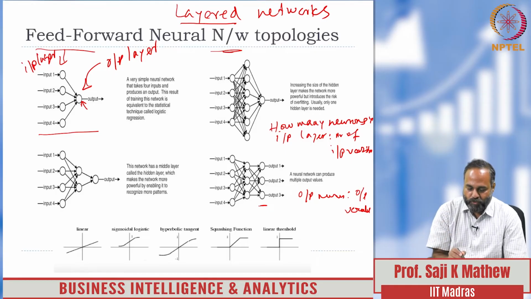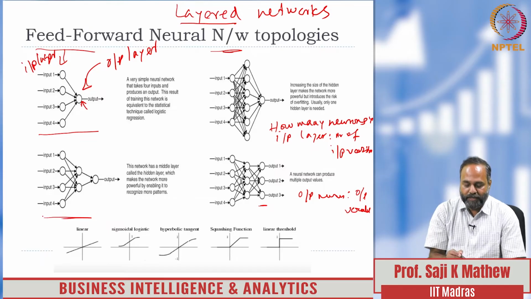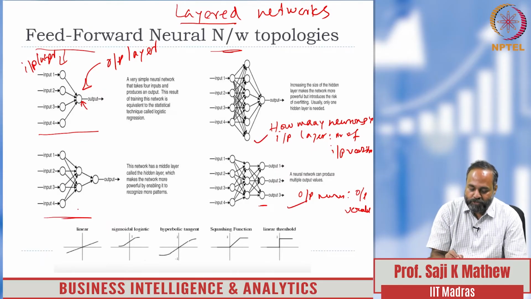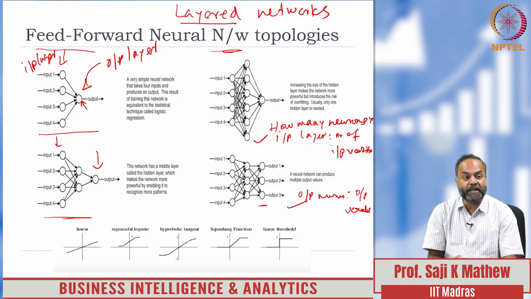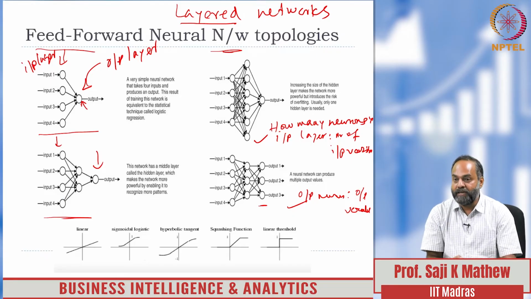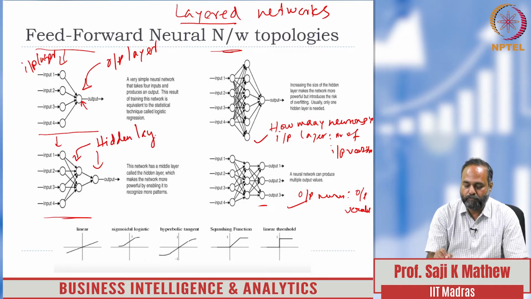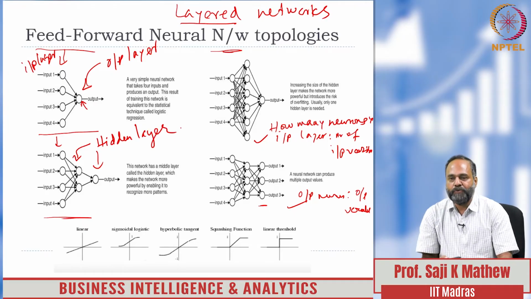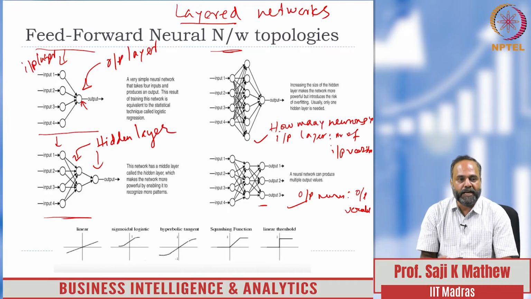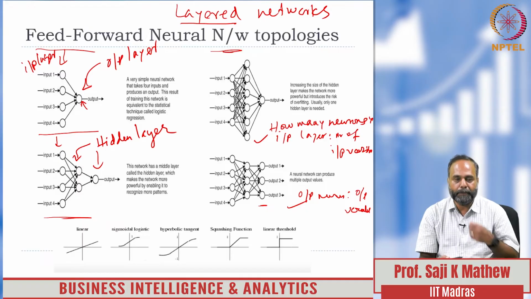Now coming to the second diagram, this is solved, but do you see something different here? There is input neuron, there is output neuron, there is a layer in between. Such a layer would be called a hidden layer. A layer between input and output is a hidden layer, correct.